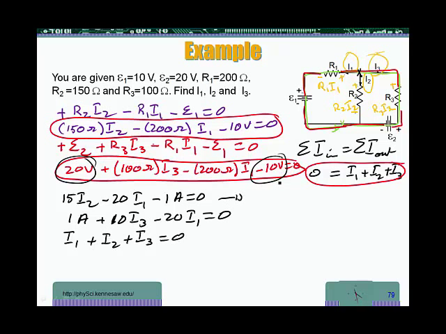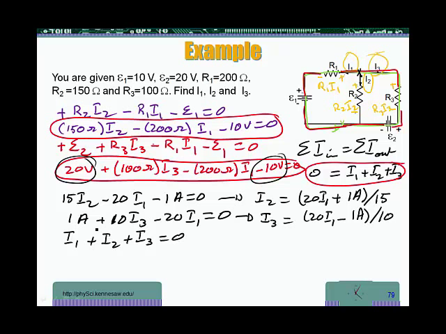So the top equation gives me I2 is equal to 20 I1 plus 1 amp over 15. I'm going to leave it like that. For the second equation, solving for I3, so 20 I1 is going to go to the other side. The 1 amp is going to go to the other side, so it becomes minus 1 amp divided by 10.